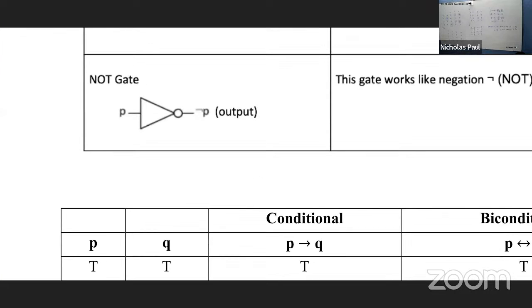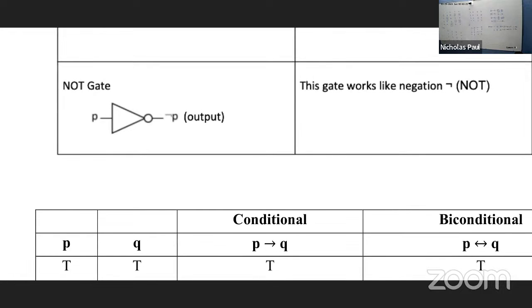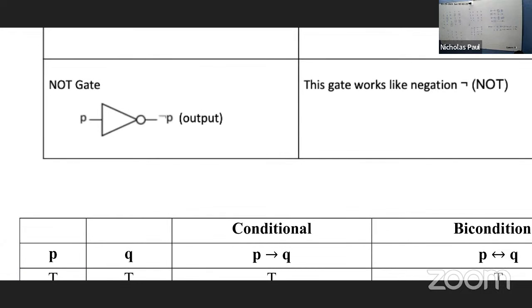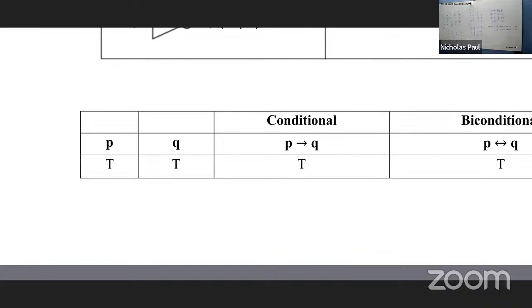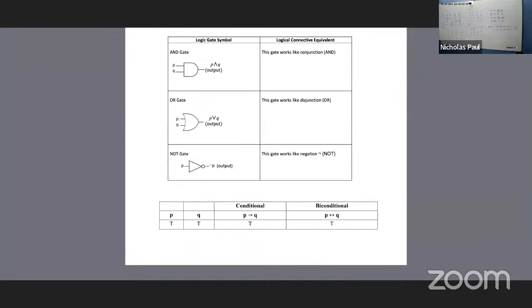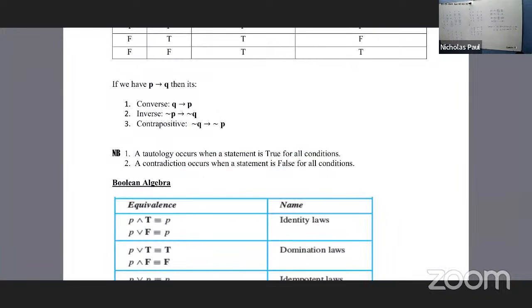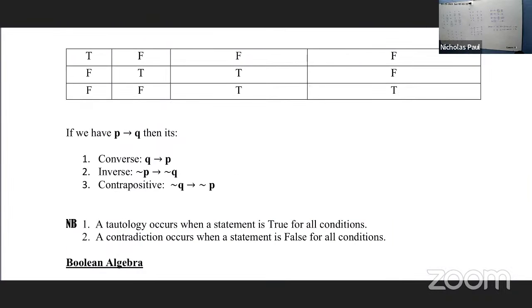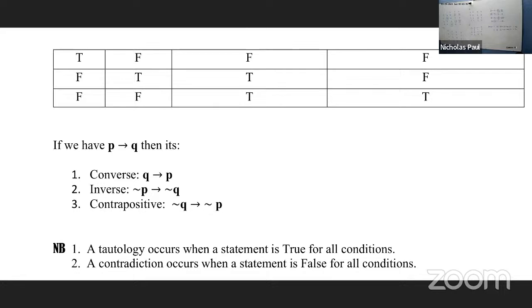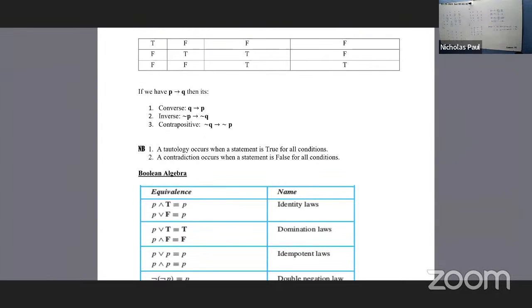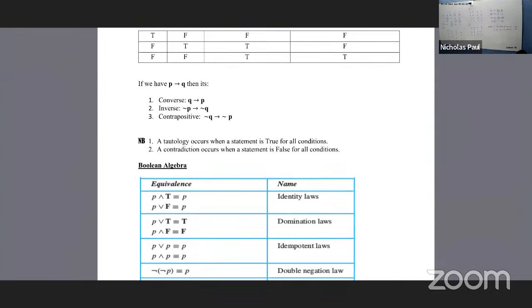Then you have your NOT gate is negation. You have to know your conditional and biconditional tables. Remember, the main one to learn in conditional is a true implies false will always give you false. For biconditional, false biconditional false is true. True biconditional true is also true.